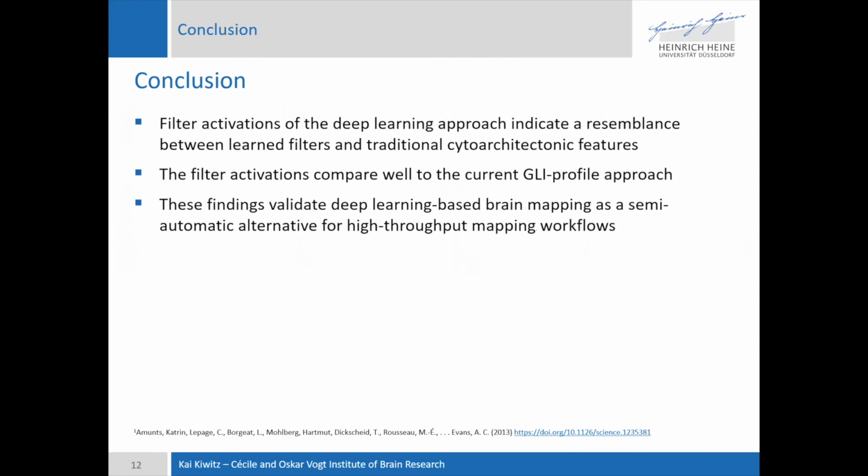And these filter activations also compare well to the currently used GLI approach. And this is why we think that these findings validate deep learning-based brain mapping as a semi-automatic alternative for high throughput mapping workflows in the future.